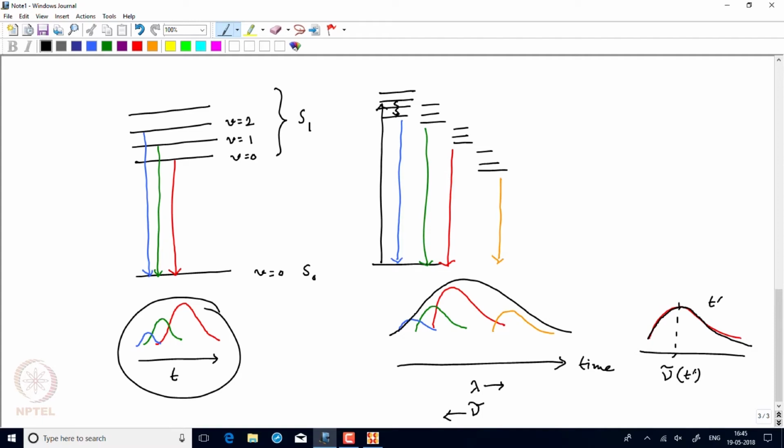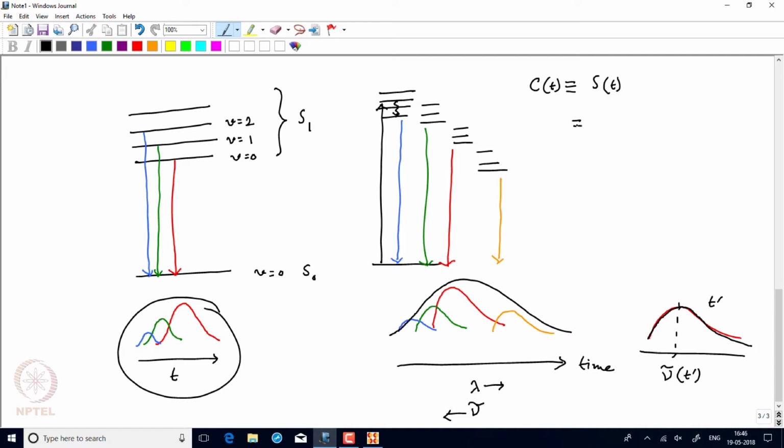Now if you know that spectral position, then we can quantify something known as the solvation correlation function, which we usually write as C of t, identical to the spectral correlation function under some assumption.